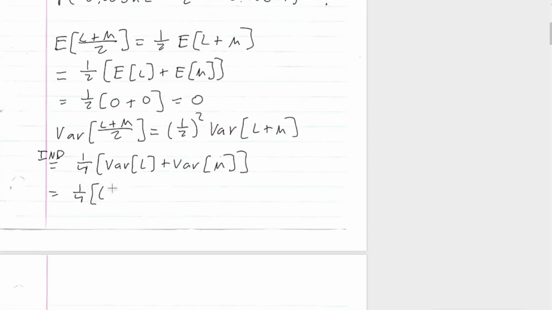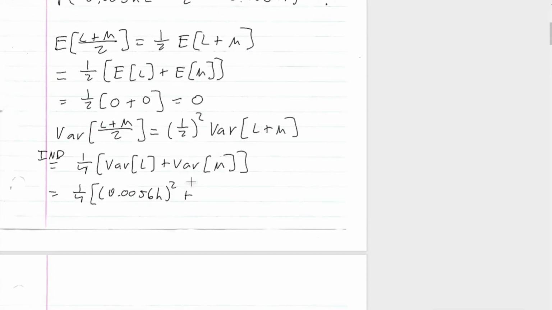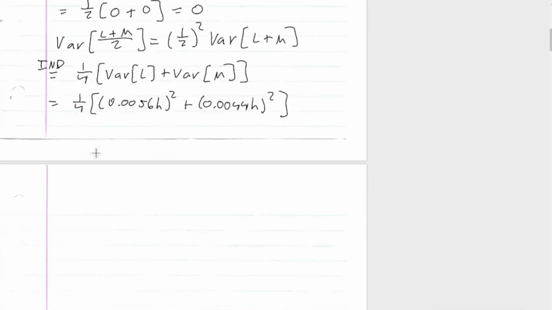So that's 0.0056h squared plus the variance of M, which will be 0.0044h squared. If we do this calculation, we would get 0.000013h squared.